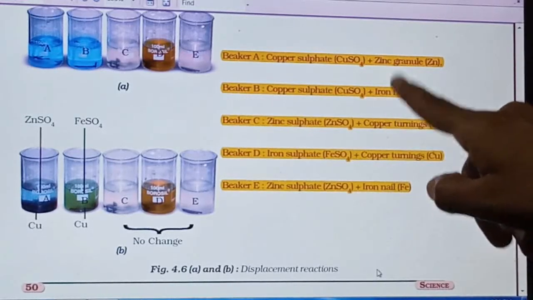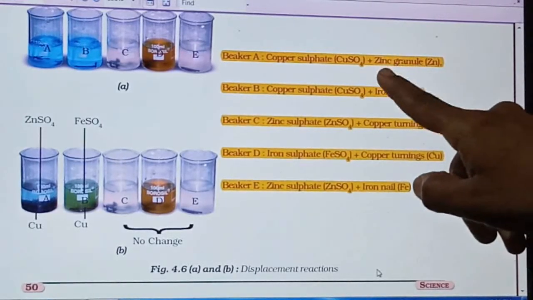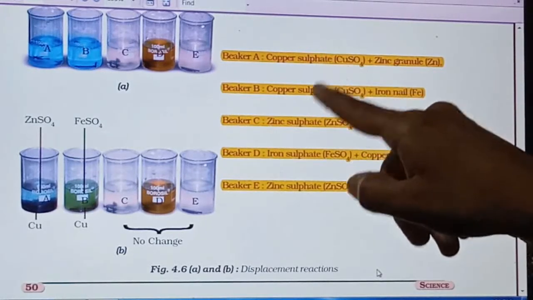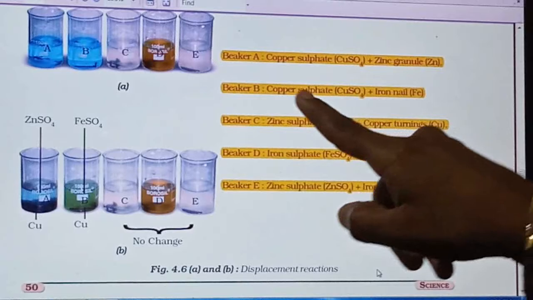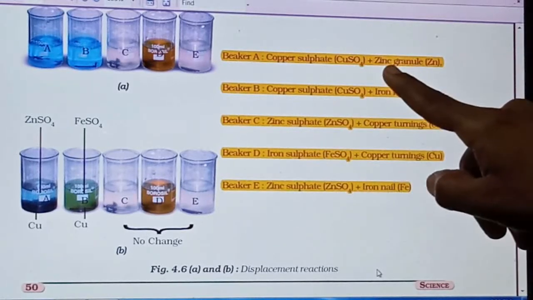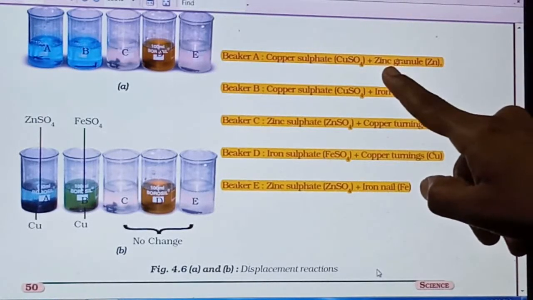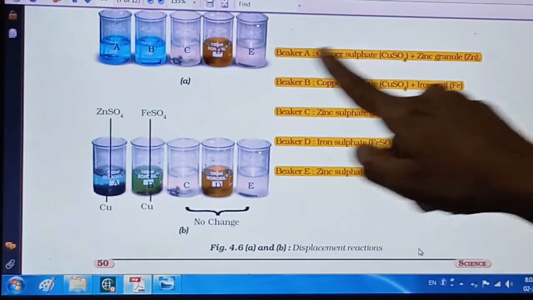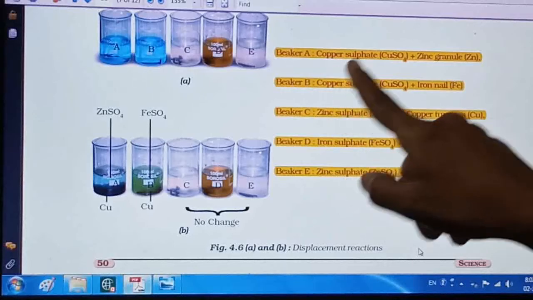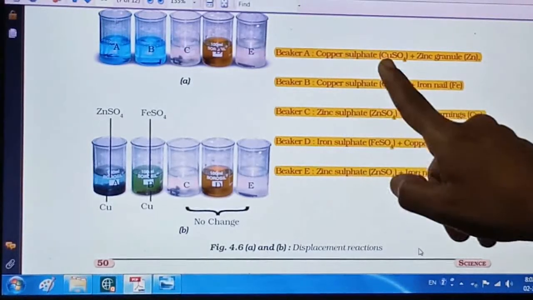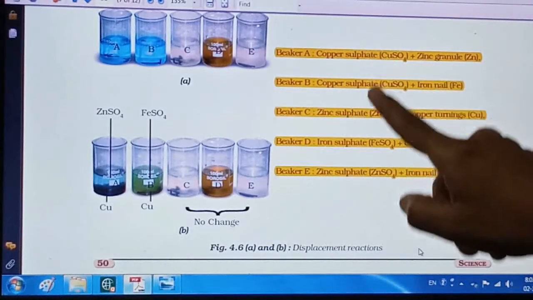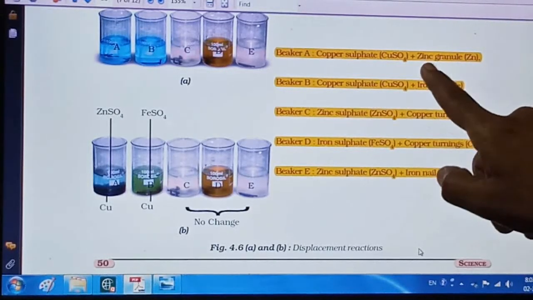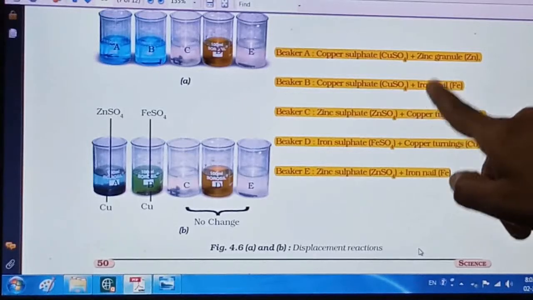Fe means iron, right? In the zinc granules, the metal is zinc, Zn. So both beakers A and B contain the same solution, copper sulfate, but along with this we have added two different metals. Here we have added zinc and here we have added iron, right?